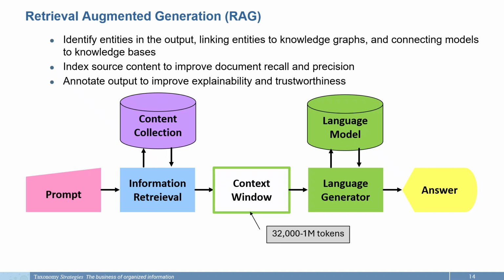and they can annotate output to improve explainability and trustworthiness. Retrieval augmented generation, or RAG, involves searching for relevant facts and inserting them into the context window to improve the model's answers. The approach can be expanded to include various data sources beyond search engines, such as an index of a domain-specific collection, databases, and calendars, making it a complex but powerful tool for enhancing large language model performance.